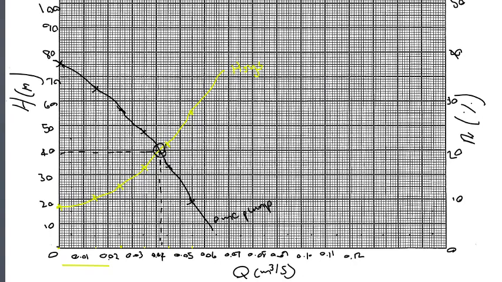So let's see, the first value reads an H value of 75 and a Q of 0. So we have 0 and 75. 0 and 75, which would sit right there. Okay, and our next value would be the one corresponding to 0.03.